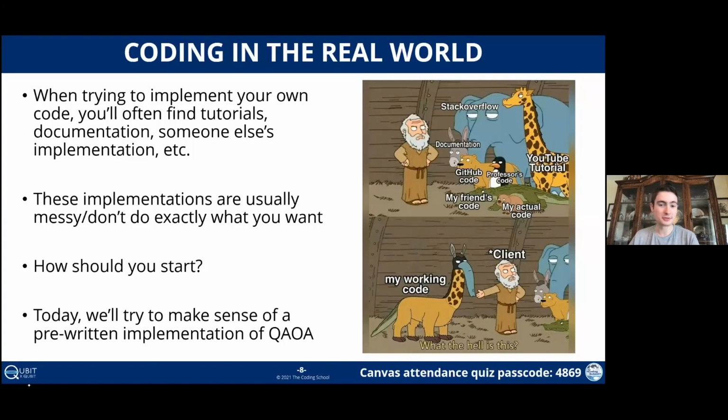Stack Overflow is a really popular question and answer site for programmers. You might pull some code from YouTube tutorials, from the docs, from some other random code on GitHub, et cetera, and you put it together into some interesting combination of all of those different code sources. So this is sort of how programming works in the real world.